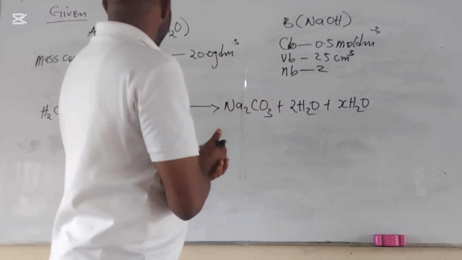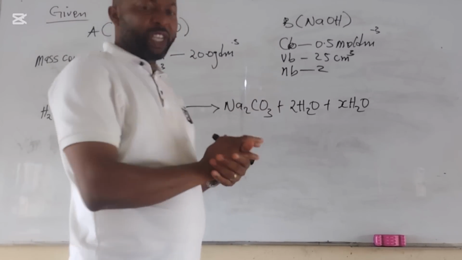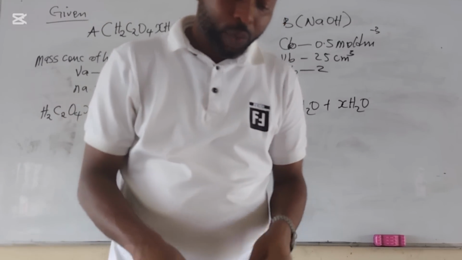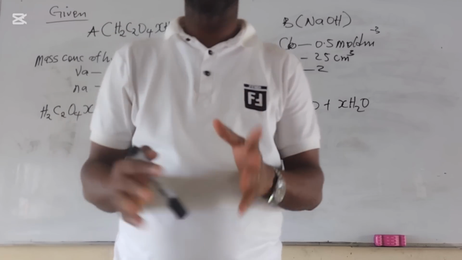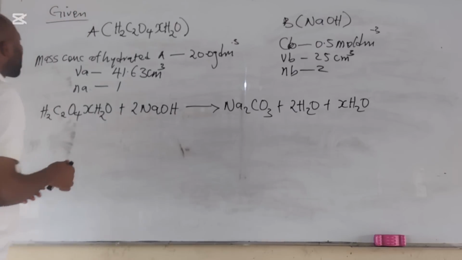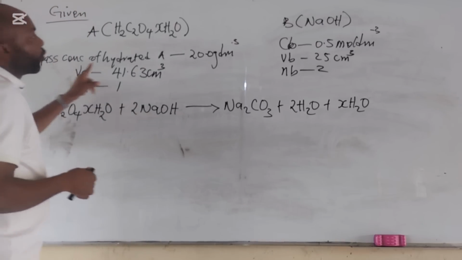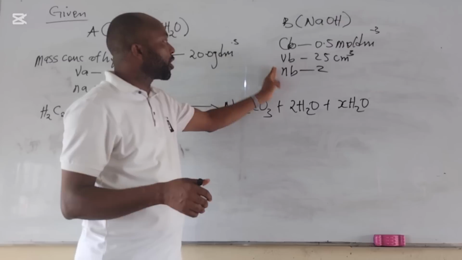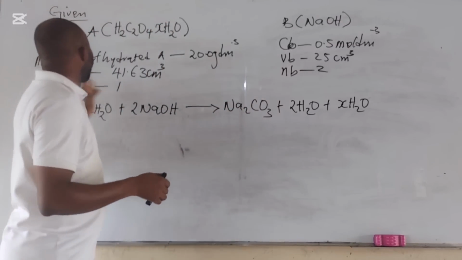So from here we proceed by solving the questions which they required of us. The first one they say is the concentration of acid in mol per dm cube. So we want to begin with that. For us to get the concentration of the acid, we have the concentration of the base, volume of the base, number of moles of the base, number of moles of acid, and volume of the acid.